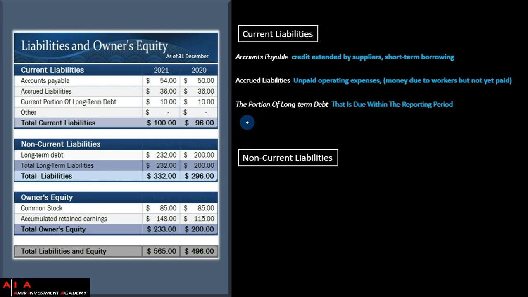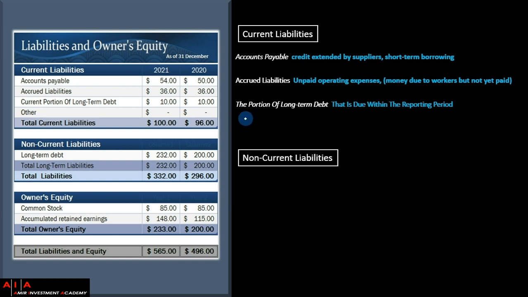Now, if I were to give an example of other things you could see in current liabilities, if you recall, in the assets we had something called prepaid, let's say prepaid taxes, right? Because the tax was not due and you were paying in advance, and that amount is still part of your assets. Here is the opposite.